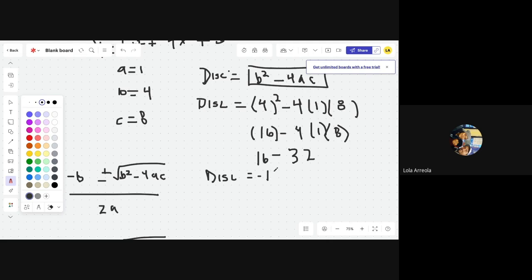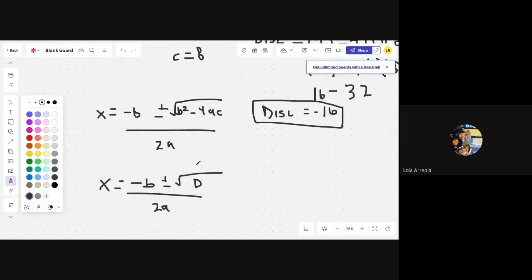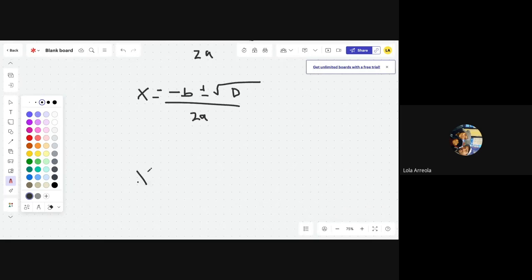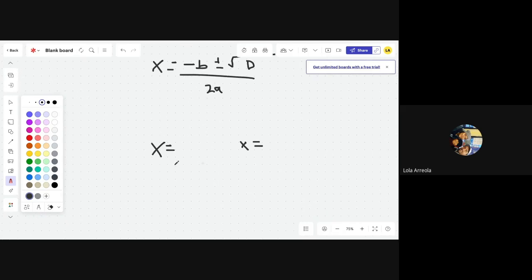Okay, the reason that before we even use the quadratic formula, we solve for the discriminant is because it already tells me a lot about my results. So the whole point of using the quadratic formula is so that I get a value x equals, we're solving for x. Why do we solve for x?